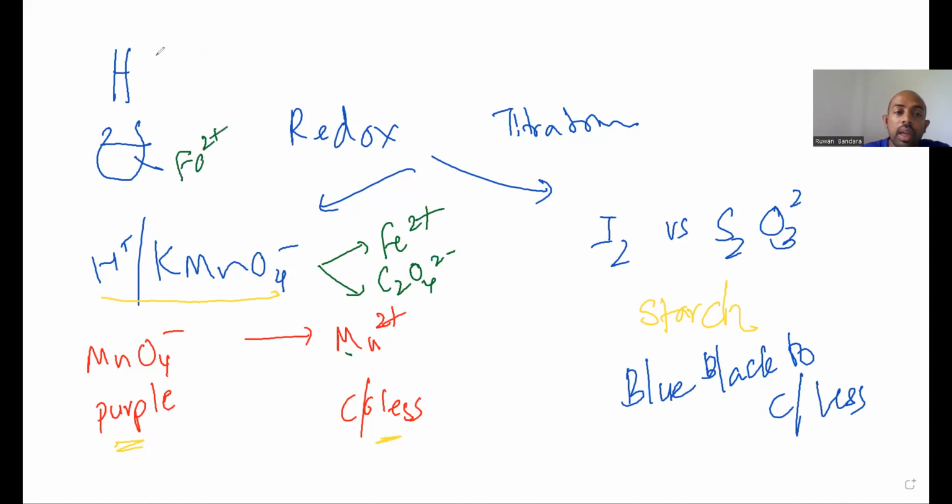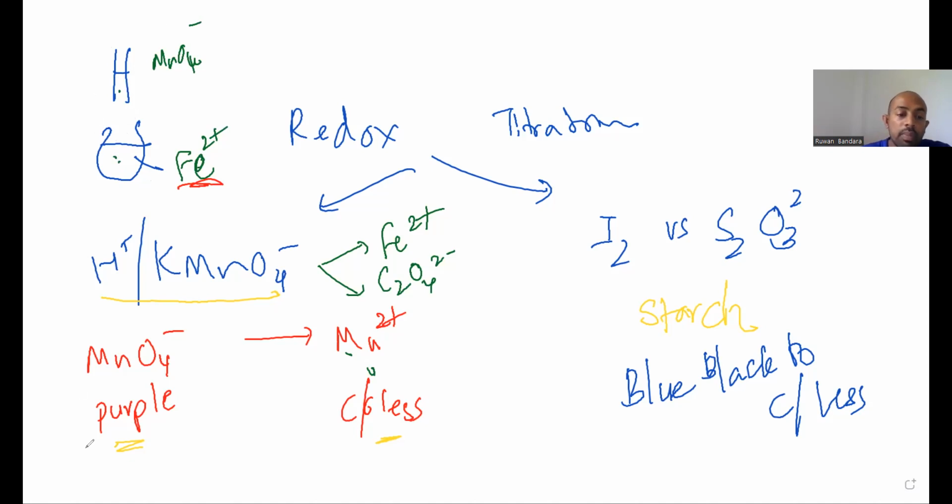Fe2+ is in the flask and MnO4- is added. MnO4- is purple and Fe2+ dilute solution is colorless. The entire solution will be colorless when MnO4- is added, as MnO4- is converted to Mn2+, still colorless. After all the Fe2+ has reacted, the added MnO4- remains without any change.